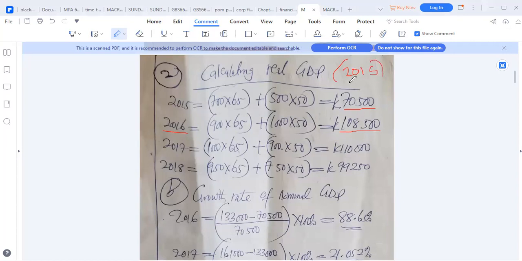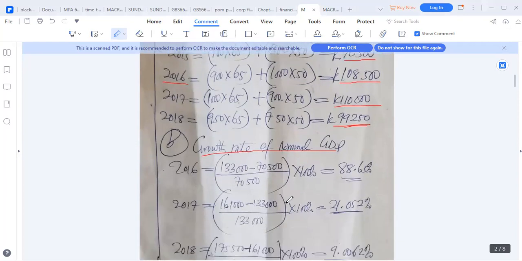For 2017, we have gotten 110,000. For 2018, we have gotten 99,250.